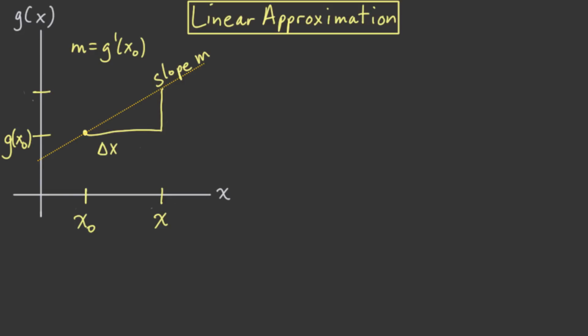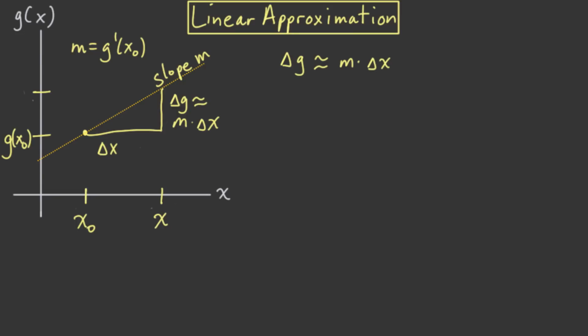What we've been saying is that we can approximate delta g by this vertical distance right here, and that's just the slope, m, times the horizontal distance, delta x. Let me write that over here. Delta g is approximately equal to m times delta x, and let's just play with this a little bit.